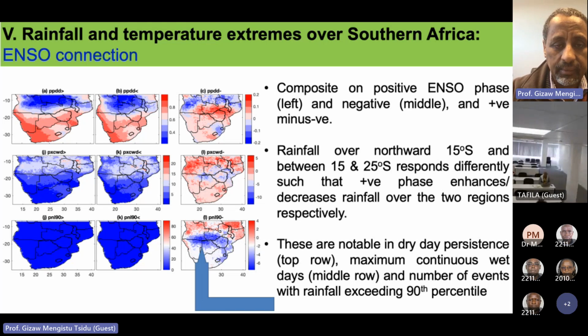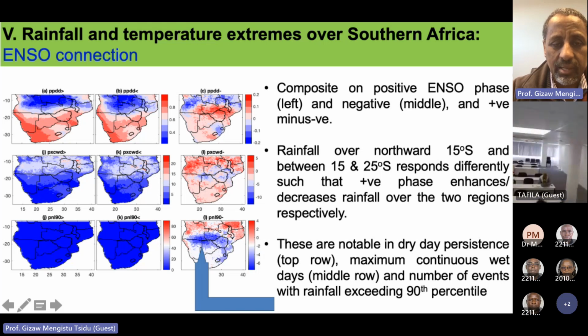So the effect is different. That means the number of continuously dry days is less during El Nino over these areas, over the northern part of the SADC region.